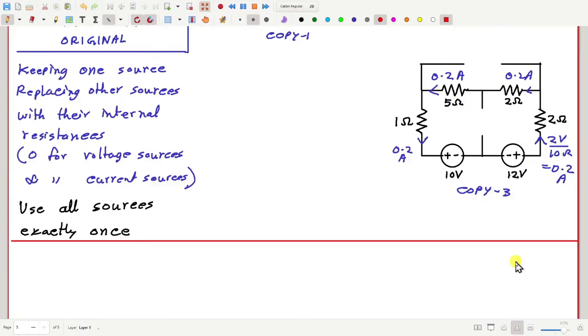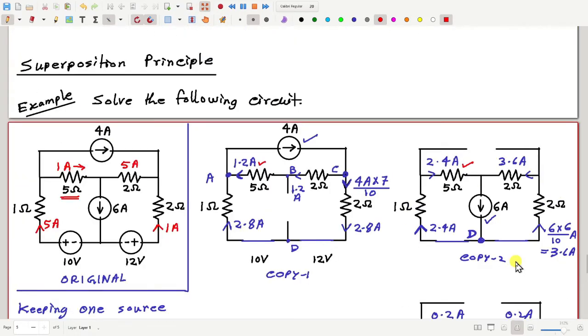Okay, so that was one method for solving difficult circuits. Let us learn one more method. Let me take the same circuit, same question.